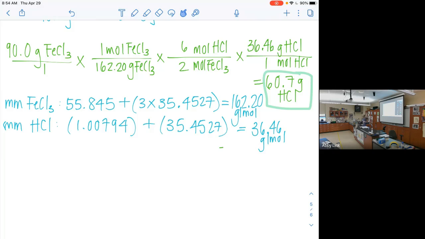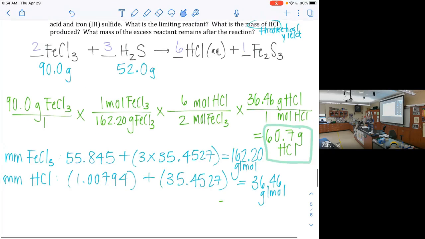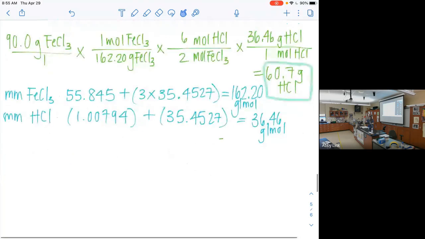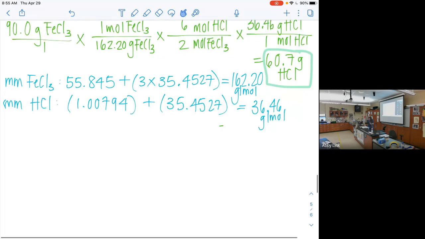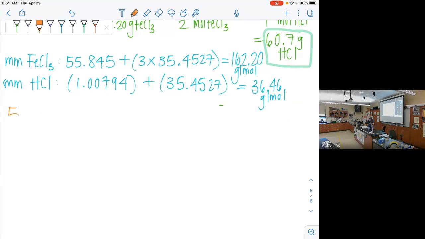All right, so next, guess what we have to do? We have to take our 52.0 grams of H2S, and go to grams of HCl. Straight grams to grams again. So let's set it up. 52.0 grams H2S over 1.